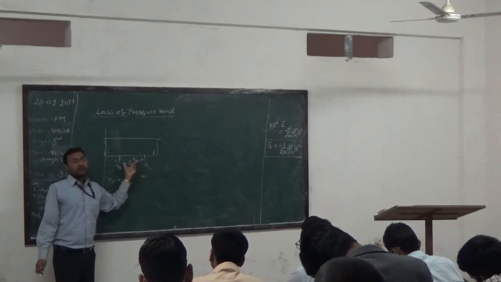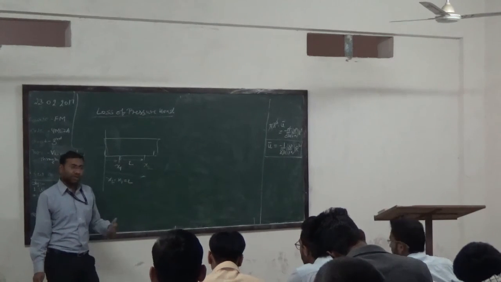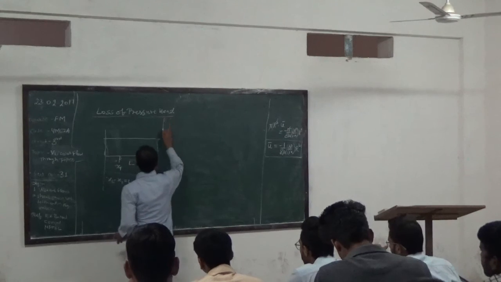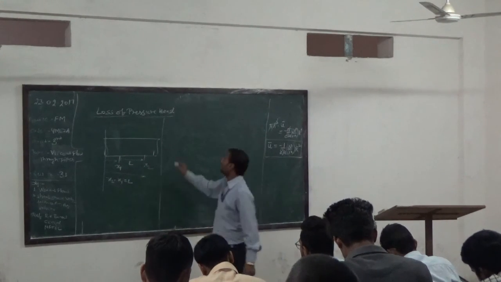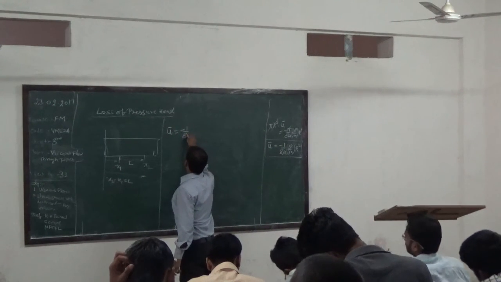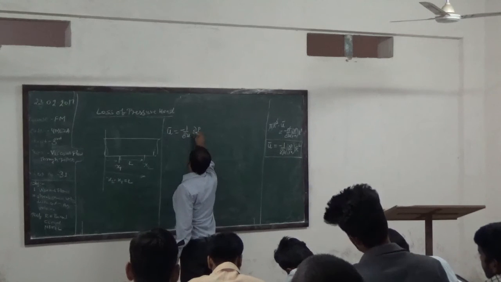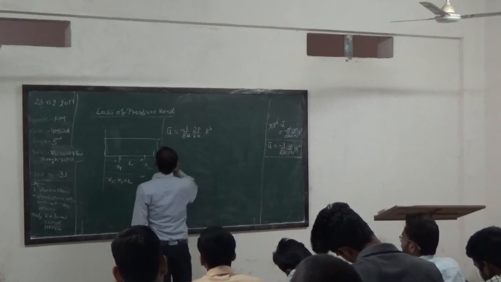Within this length, how much pressure head is lost, how much pressure energy is lost. So for that, we have the equation of average velocity, that is u bar is equal to minus 1 by 8 mu del P by del X into R square.